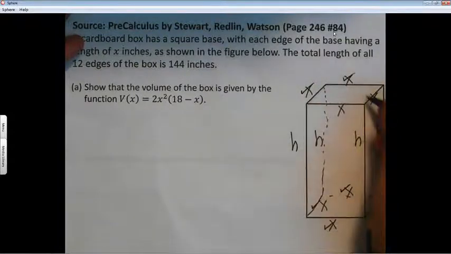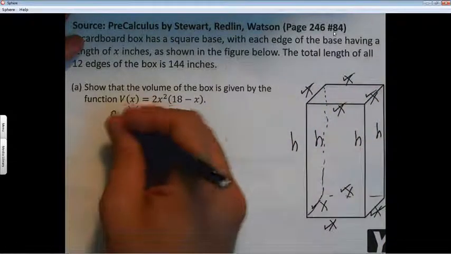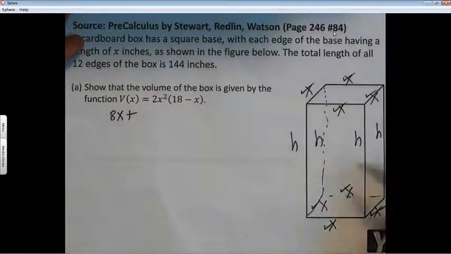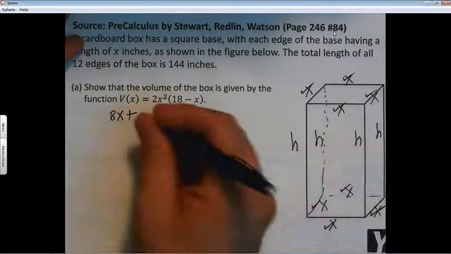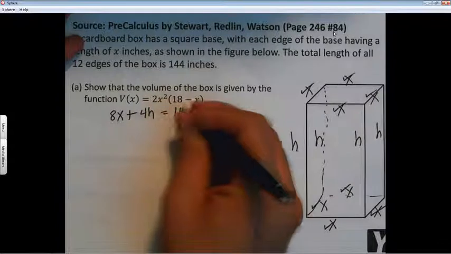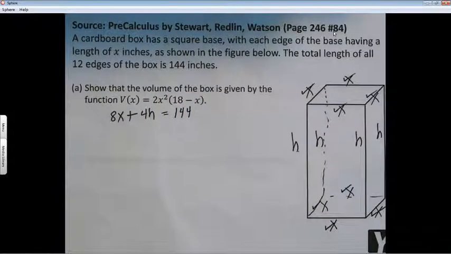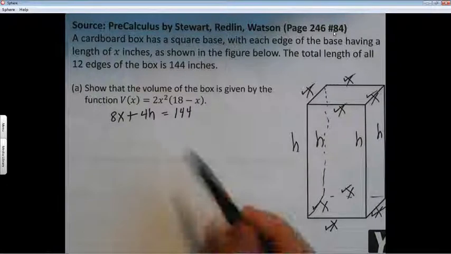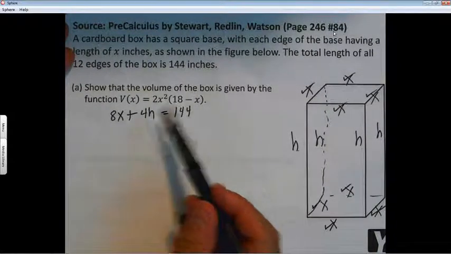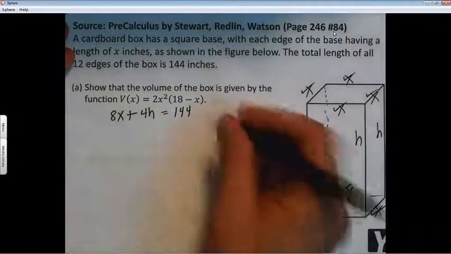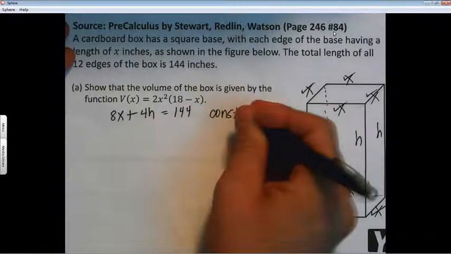So we know the total length of all 12 edges is 144. So if that's true, then x plus x plus x plus x plus these four x's, I'm up to 8x, plus the 1, 2, 3, 4 heights has to equal 144 inches.